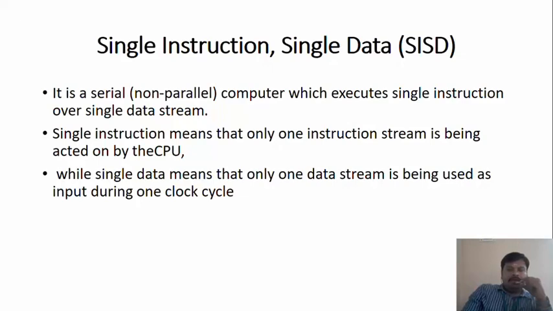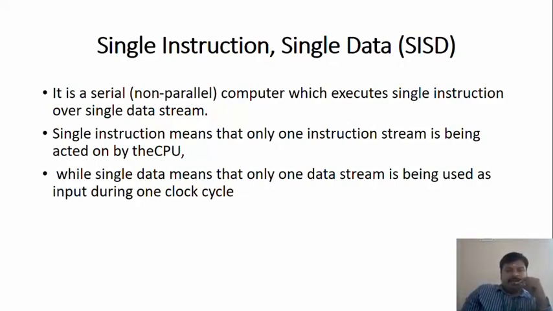So let us discuss SISD, that is single instruction and single data. How the streams of instructions and data perform their task with the help of the CPU. We call this serial, a non-parallel computer which executes a single instruction over a single data stream.